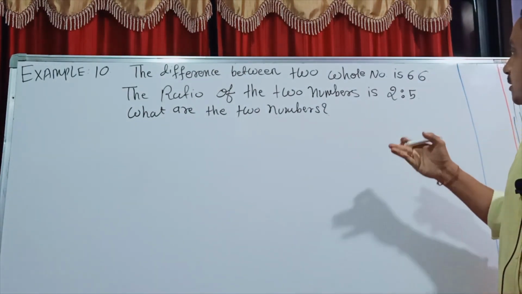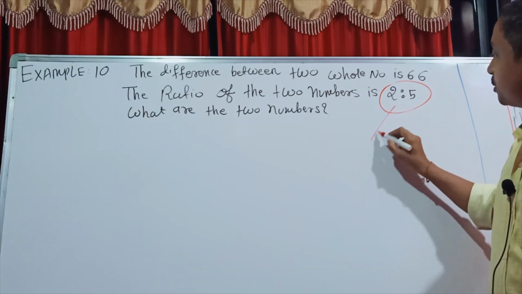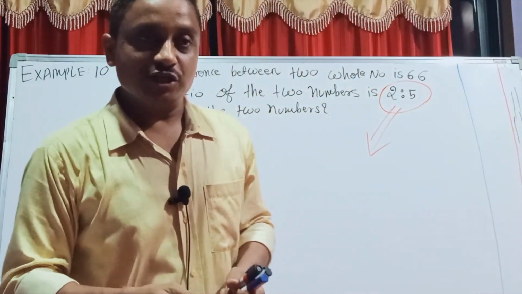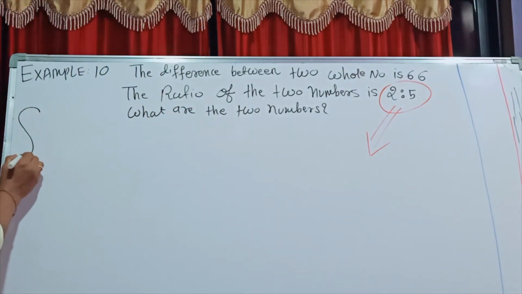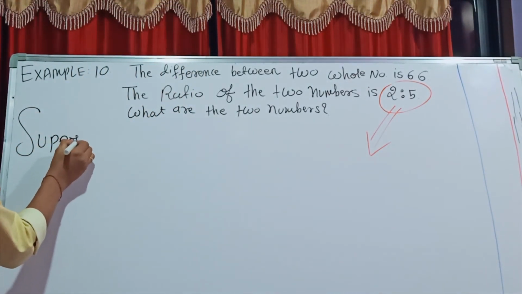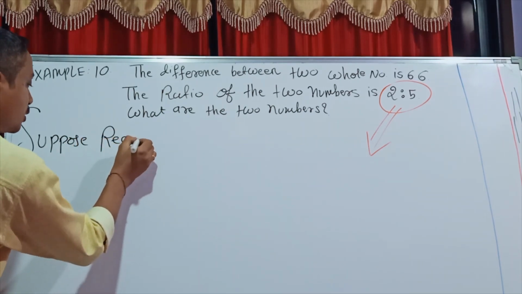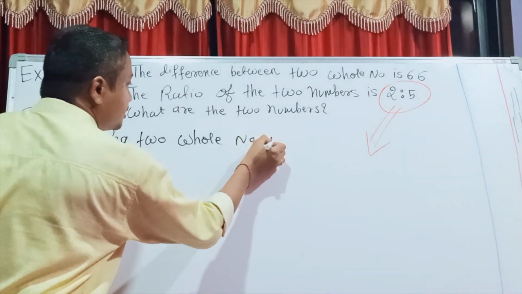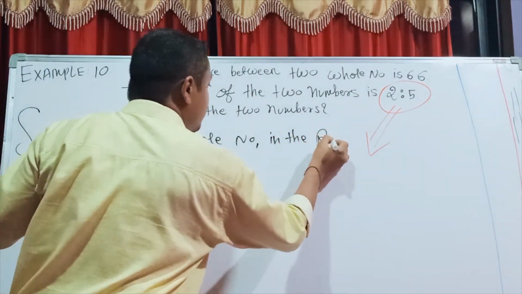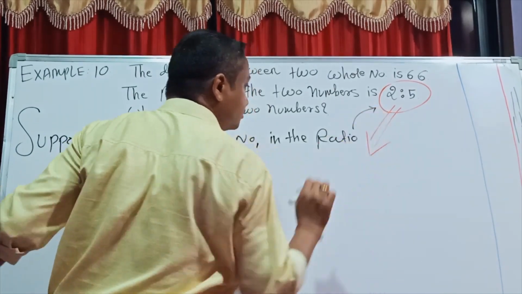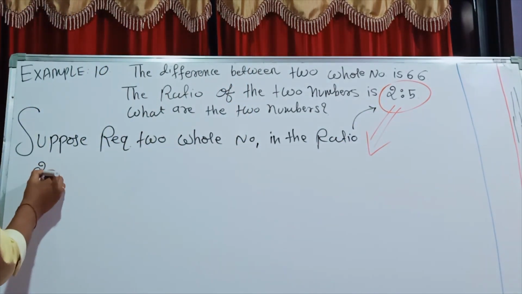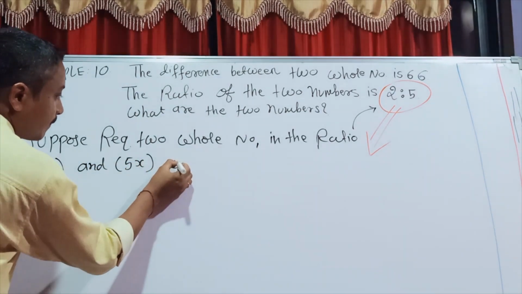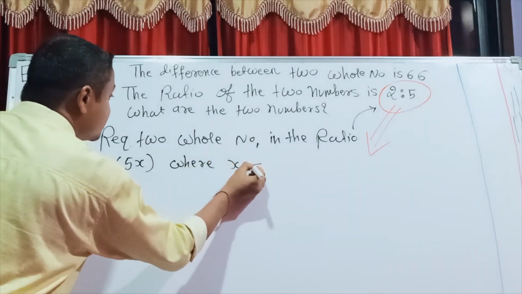So students, first of all you focus on the ratio. What is the ratio of the two numbers? Yes, it is 2:5. So I assume that the required two whole numbers in the ratio are 2x and 5x, where x is never 0.